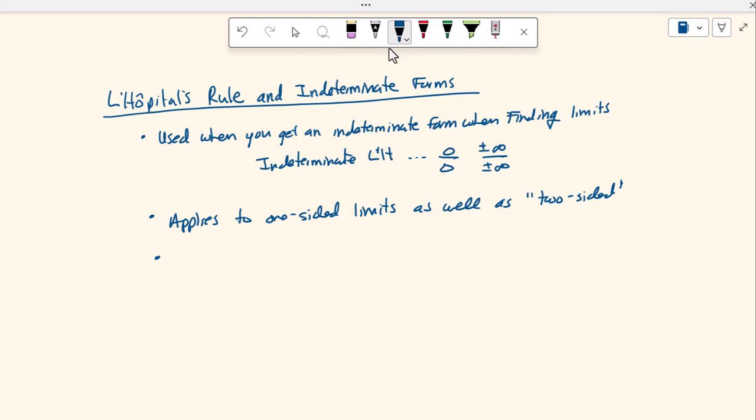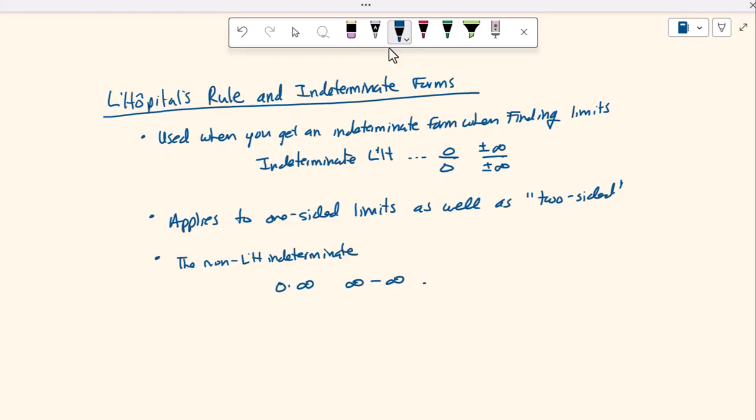Well, if you get a non-L'Hopital's indeterminate form, there's other things that we can do to get it into a L'Hopital indeterminate form to work with. So the non-L'Hopital indeterminate forms might be something like 0 times infinity, infinity minus infinity. Those are a couple of examples.